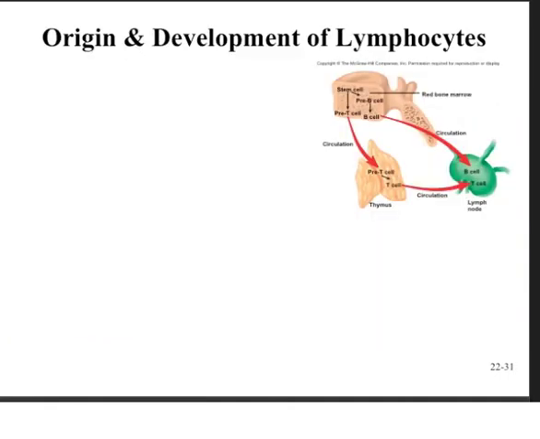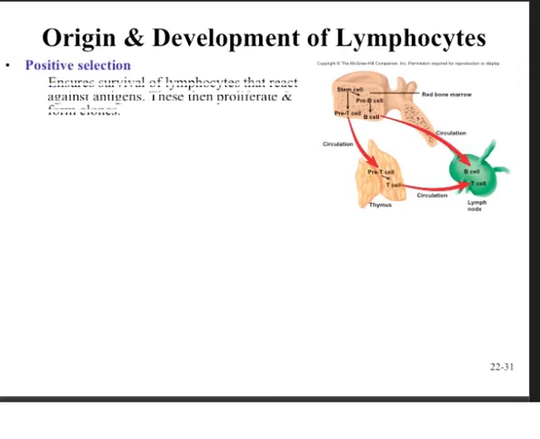So let's talk a little bit about where the lymphocytes come from. Positive selection ensures survival of lymphocytes that react against antigens and then proliferate and form clones. And this is a necessary characteristic for lymphocytes because they have to have the ability to, upon interaction with a presented antigen, become stimulated to multiply and generate an army capable of destroying anything that's attached to that particular antigen.